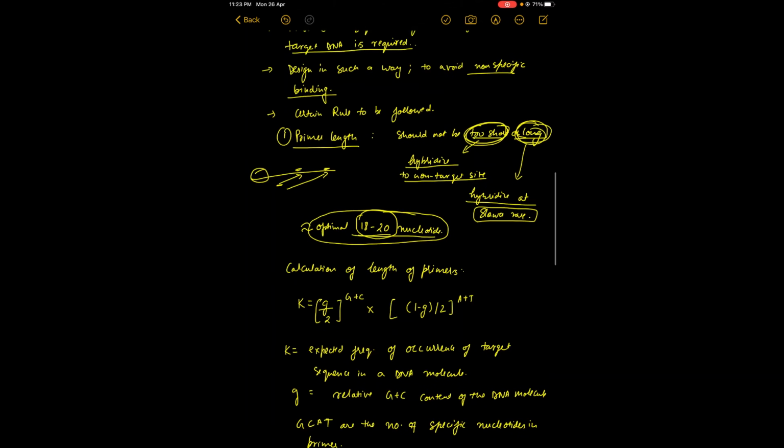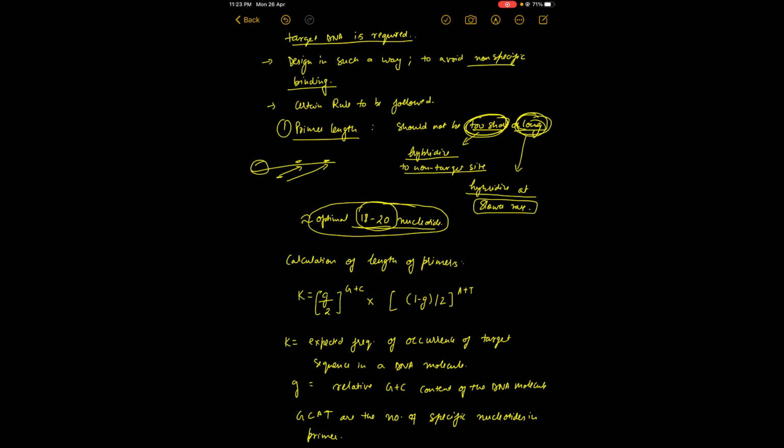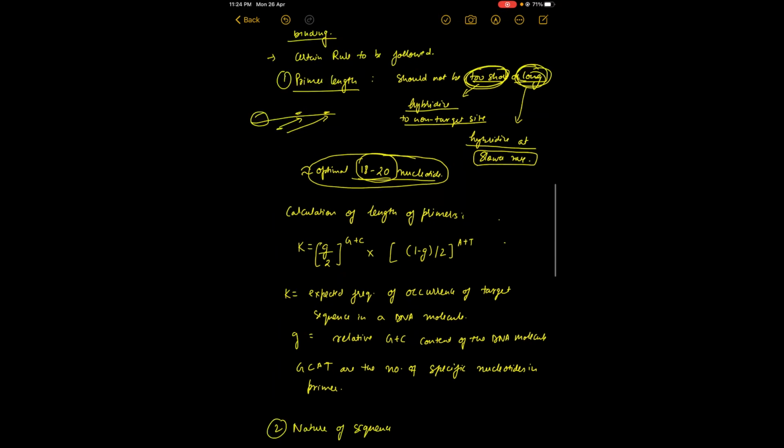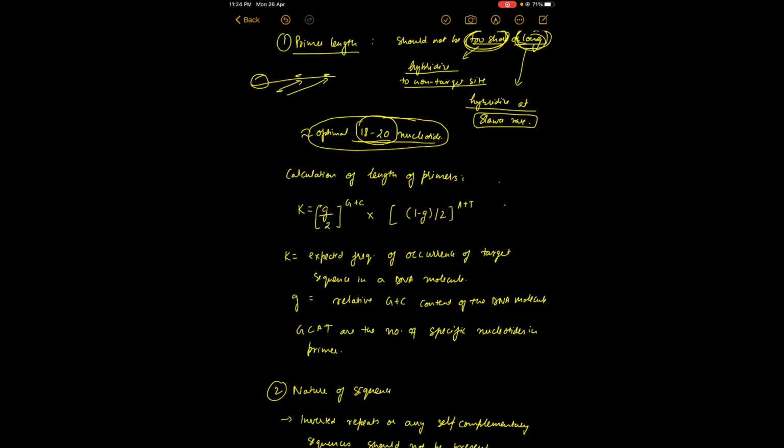And how is the calculation of the length of a primer done? By using this formula, that is K equals G by 2 whole G plus C into 1 minus G by 2 1 plus T. And here K is the expected frequency of occurrence of the target sequence in a DNA molecule.